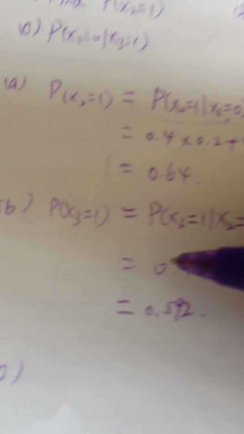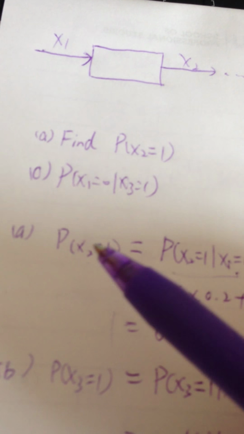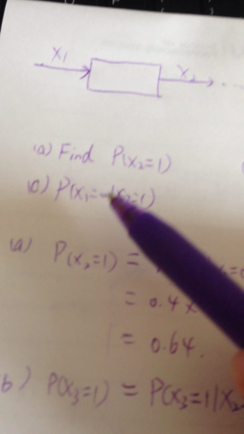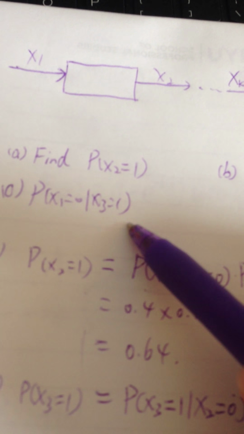The third part is to find the probability of x1 equals 0 given x3 equals 1.